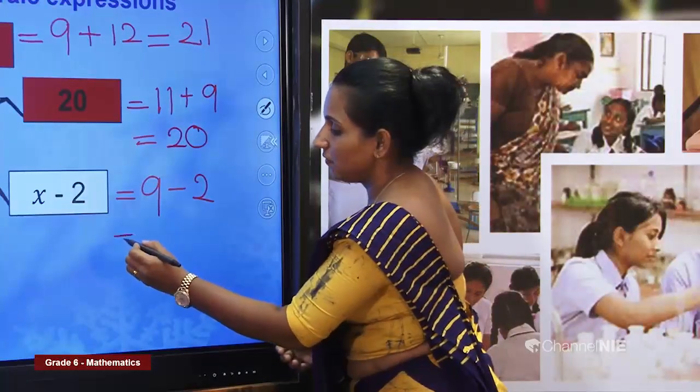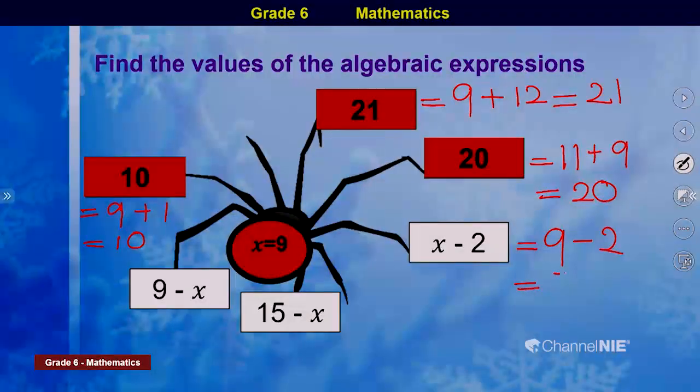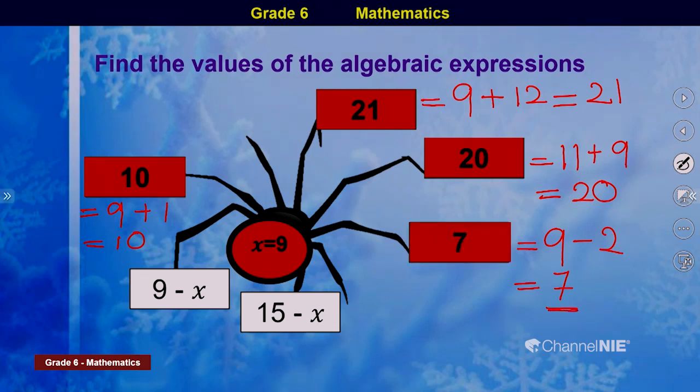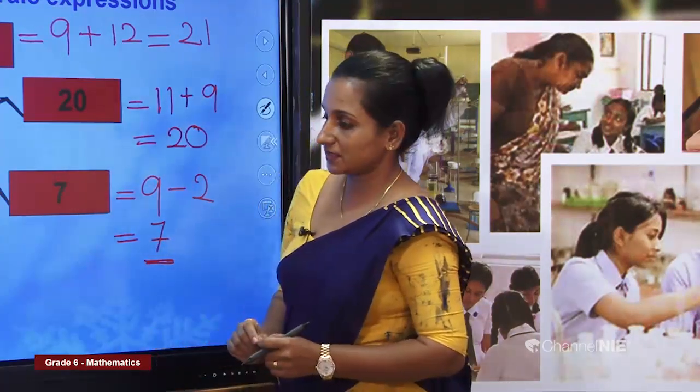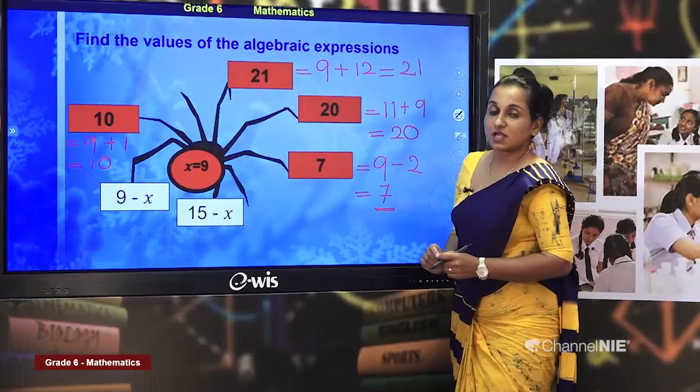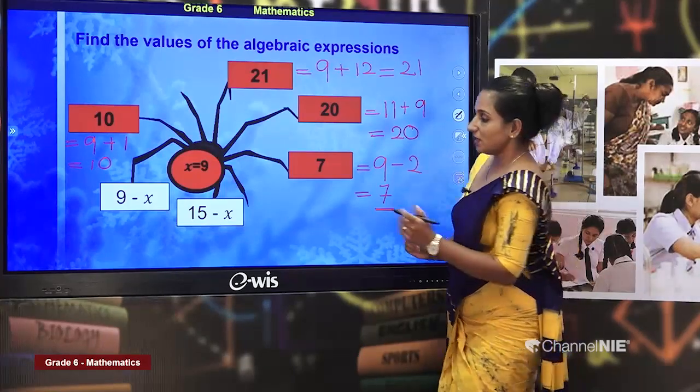I can simplify this and get the answer as 7. Okay, we are moving to the next algebraic expression, 15 minus x. Shall we substitute then?